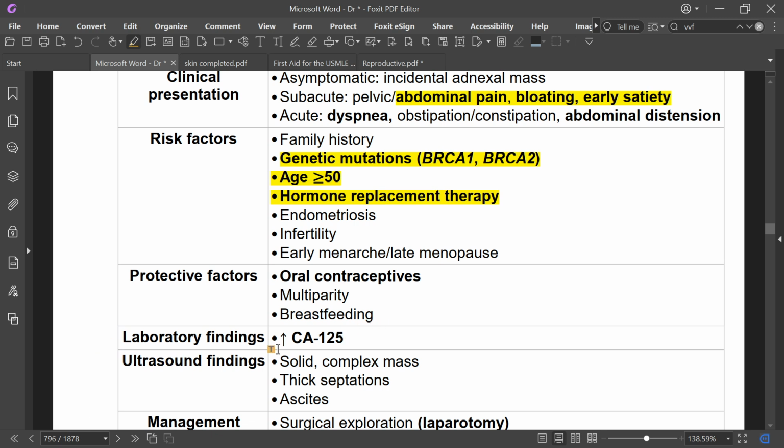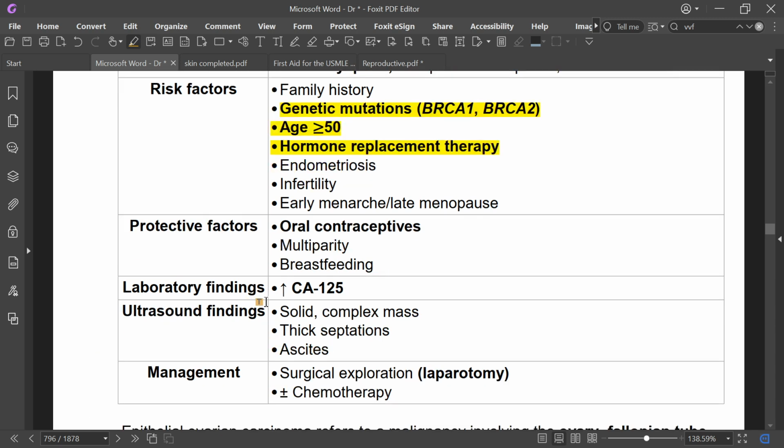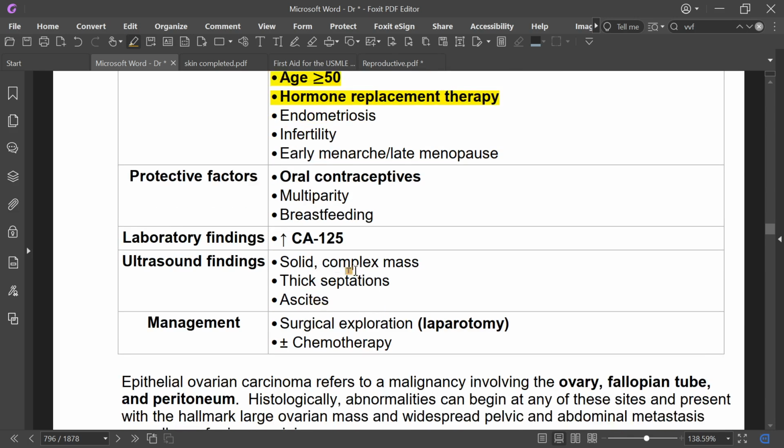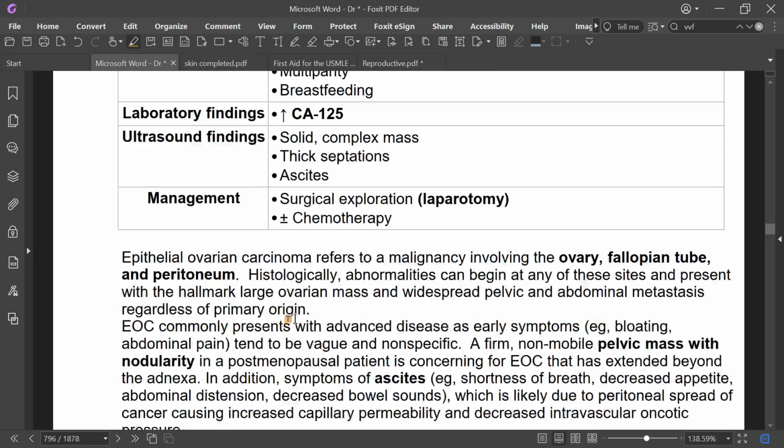Lab finding is CA125. Imaging shows a solid complex mass, thick septation, and ascites. Treatment is surgical exploration, laparotomy, with or without chemotherapy. Epithelial ovarian carcinoma refers to malignancy involving the ovary, fallopian tube, and the peritoneum.